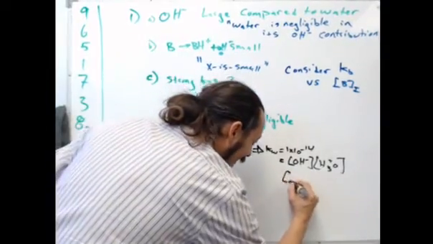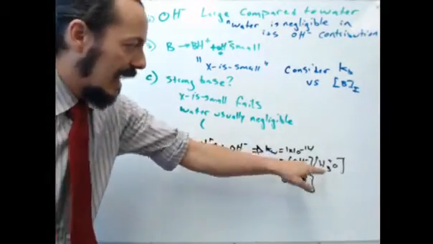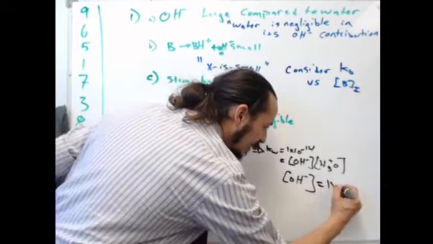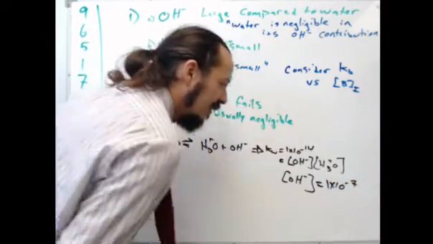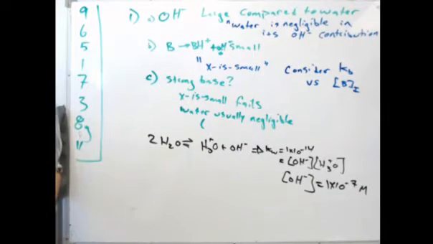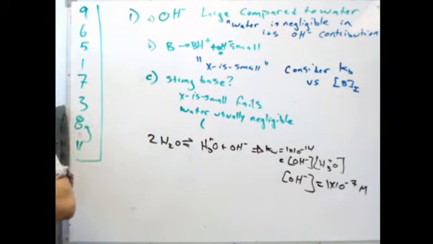Yes! We can see that just here, right? This is going to be like x squared, take the square root, that gives us 1 times 10 to the minus 7 for both. Molarity, right?